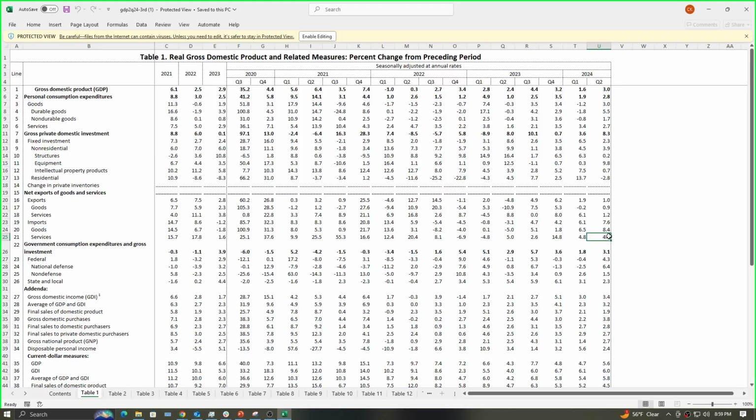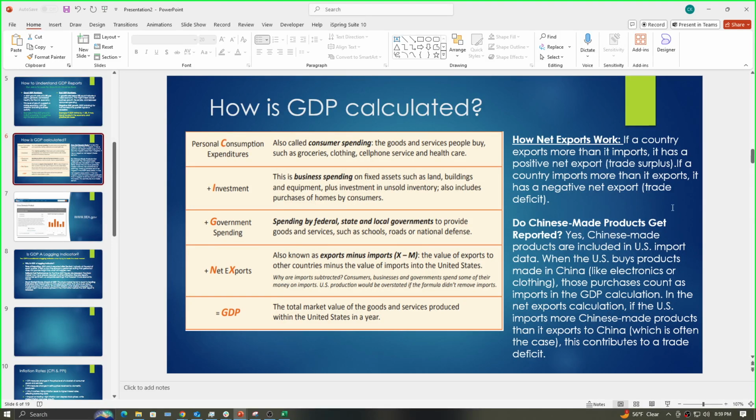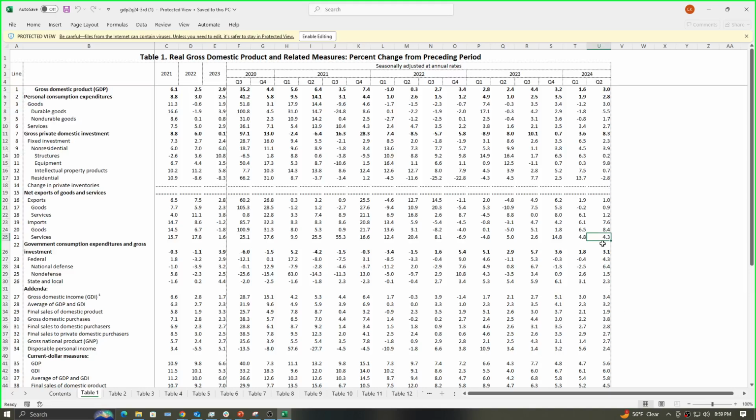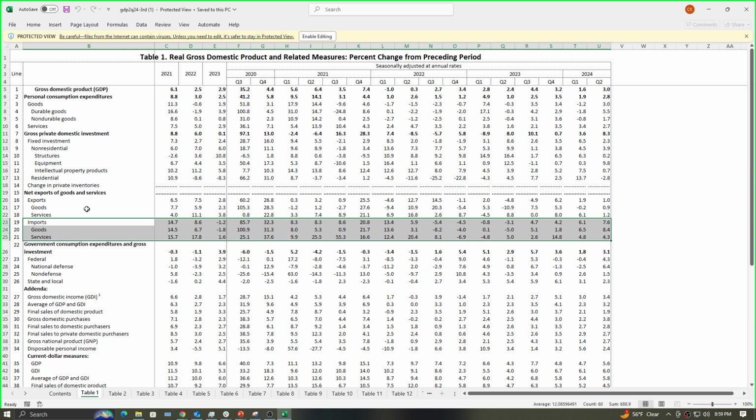So that's 4.3. And now remember what I said, right? You probably heard this a lot lately. Trade deficit, right? This is a trade deficit, right? Imports to exports, right?